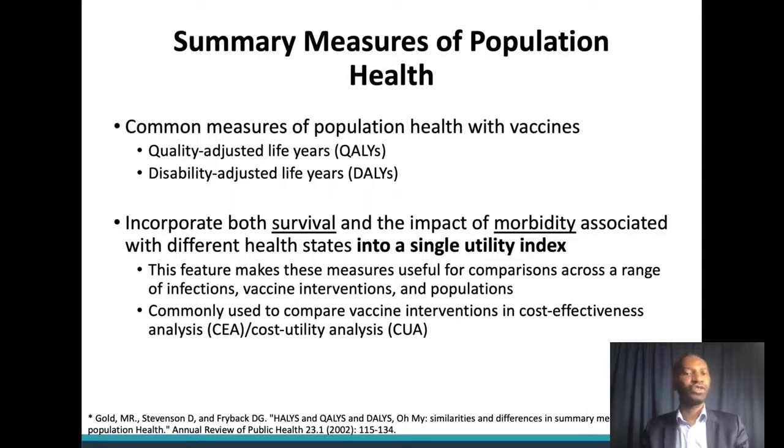These incorporate both survival and the impact of morbidity associated with different health states into a single utility index. This feature makes these measures useful for comparison across a range of infections, vaccine interventions, and populations. They're commonly used to compare vaccine interventions in cost-effectiveness analysis and cost-utility analysis.